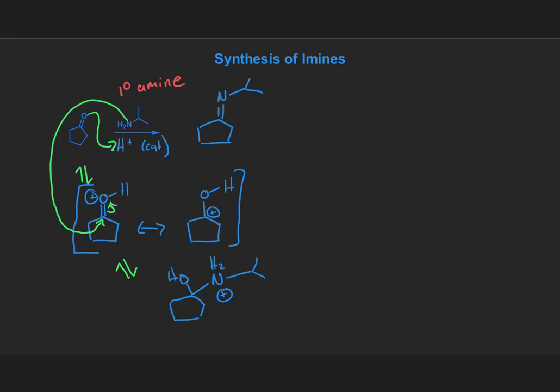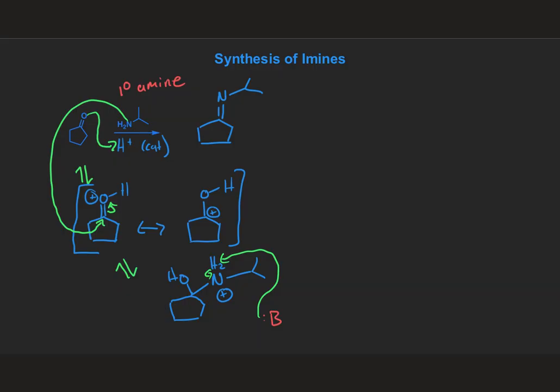The next two steps are proton transfers. We're going to use a generic base to remove a proton from nitrogen. In this particular reaction, the best base around at this point is probably another one of these amine compounds, but it could be something else that's removing this proton.